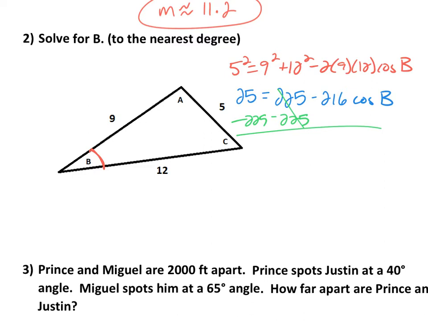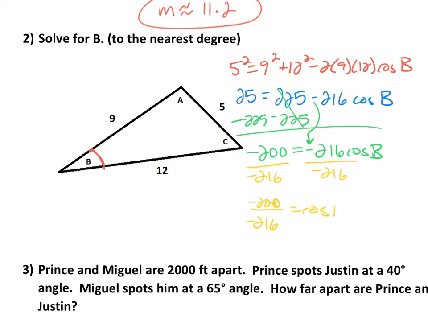So when we do that, to cancel it out, we're going to get negative 200 equals negative 216 cosine B. Pay attention to the signs there. There's a negative sign here that comes down with that 216. And now we're going to divide both sides by negative 216. Okay, and so we're going to get negative 200 over negative 216, so it's 200 over 216, equals cosine B.